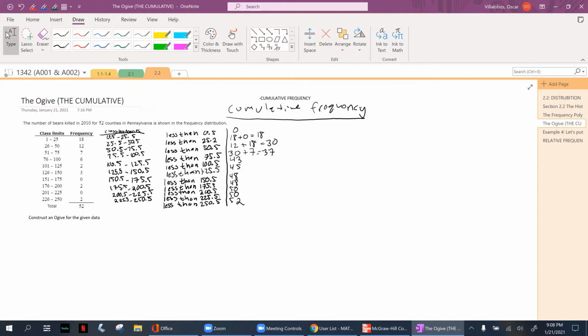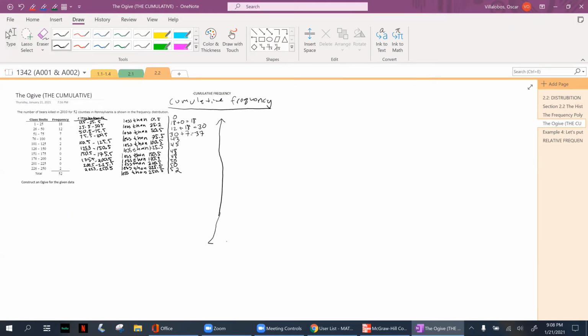Now what I'm going to do is create a new graph, where the y-axis is going to be my cumulative frequencies, which is that column right here. That's going to go between 0 all the way up to 52.